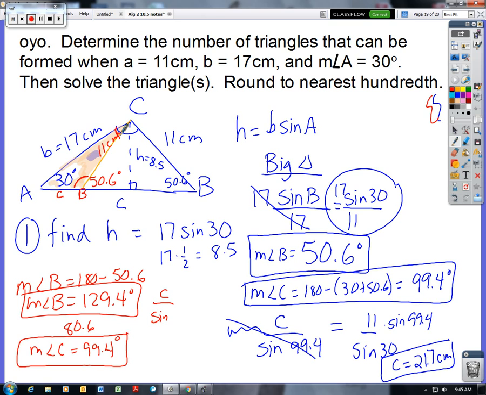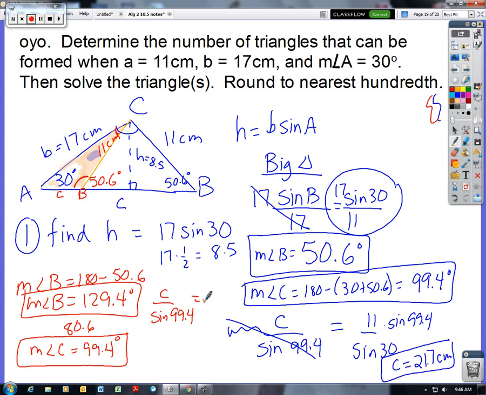So this 11 is actually really quite narrow, probably. It's not drawn to scale. Anyway, I just had to kind of think about that. 99.4. Anyway, equals little c over that angle.